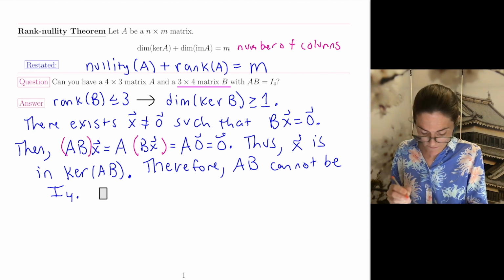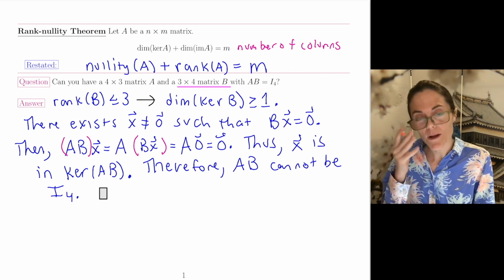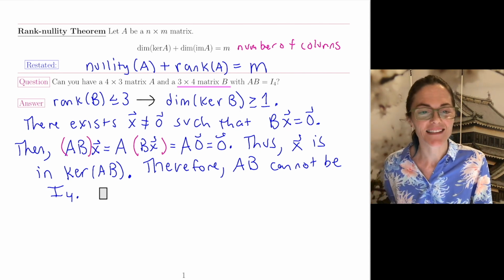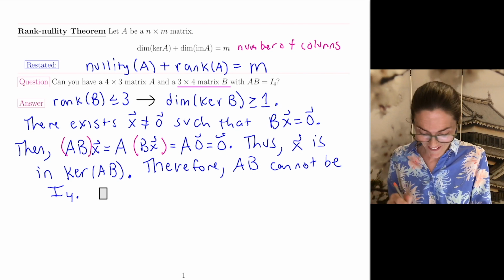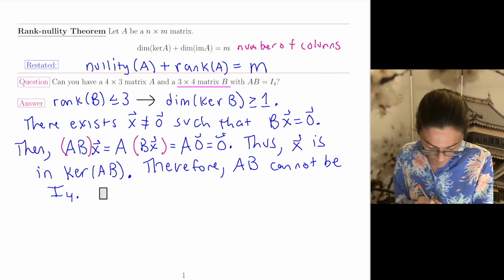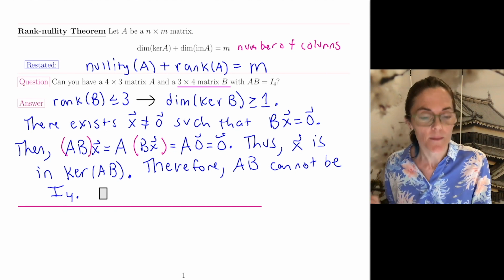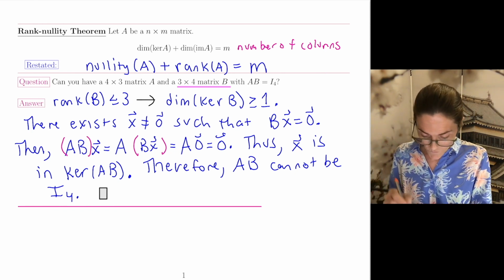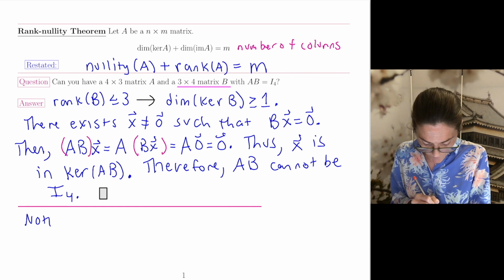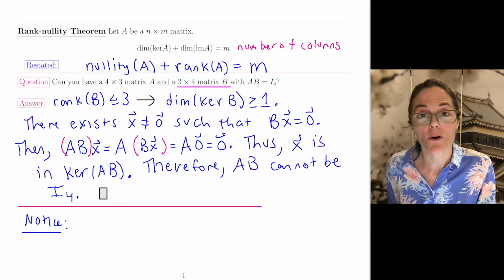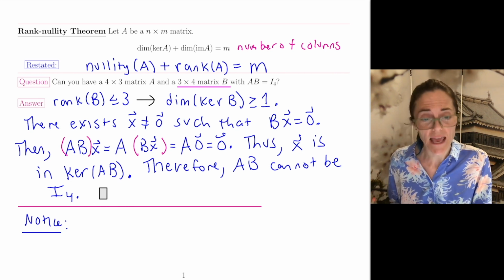But I want to make a comment because I'm going to do something more general next that's more powerful than this. I want to make a comment as to what we actually showed, or could show using the exact same argument, and that is as follows. What we did is we took an element in the kernel of B and showed that it's also in the kernel of AB.